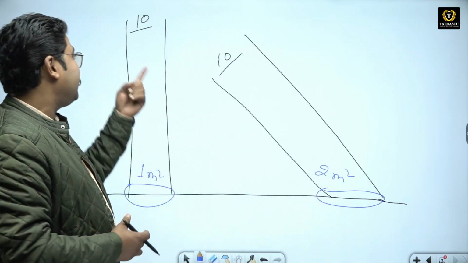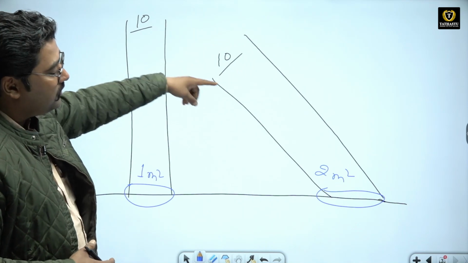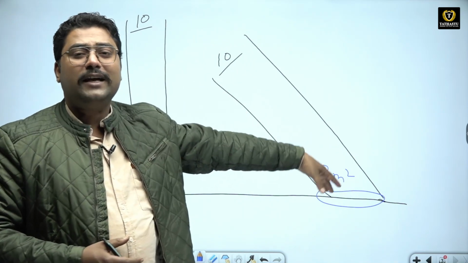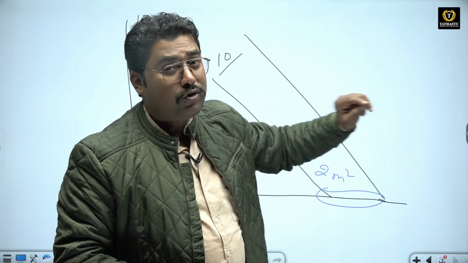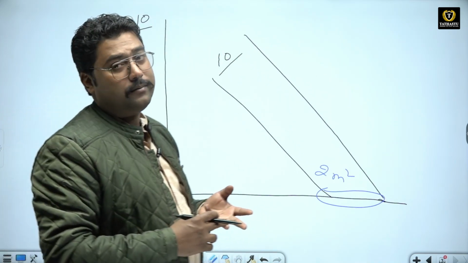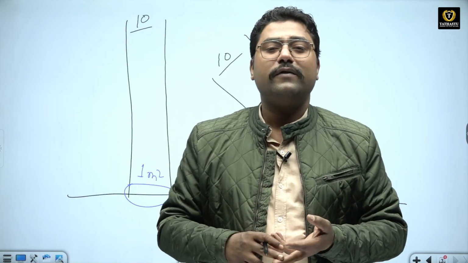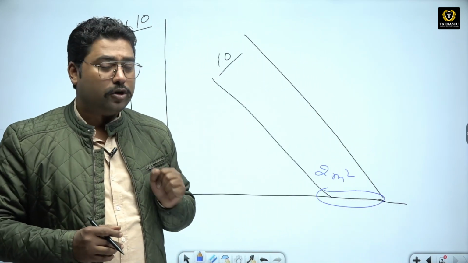So 10 units of energy are heating up 1 square meter, and those 10 units are heating up 2 square meters, meaning the energy is divided, or shared, over 2 square meters. So vertical rays will heat up more, oblique will heat up medium, and horizontal will heat up very little, or basically only the light will come, not the energy.